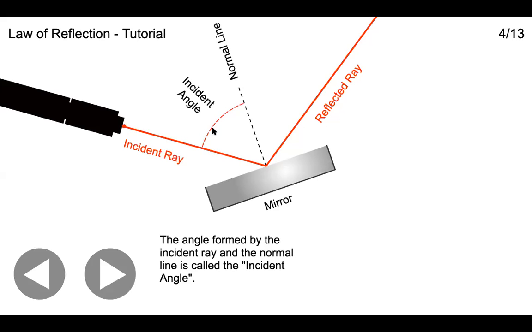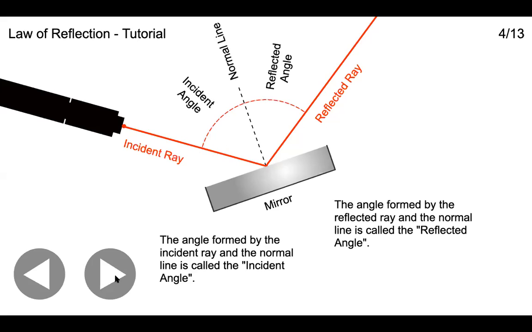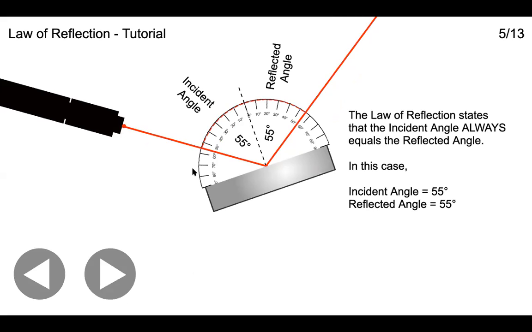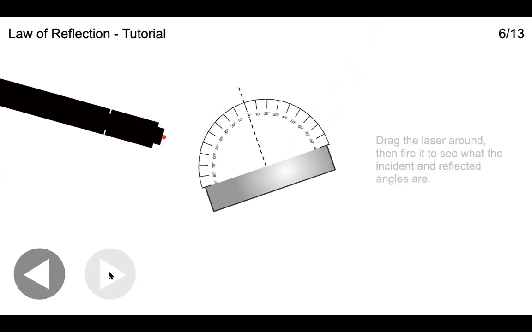It's this one. So they are equal to each other. And again, we should see that they are equal to each other for a flat mirror.